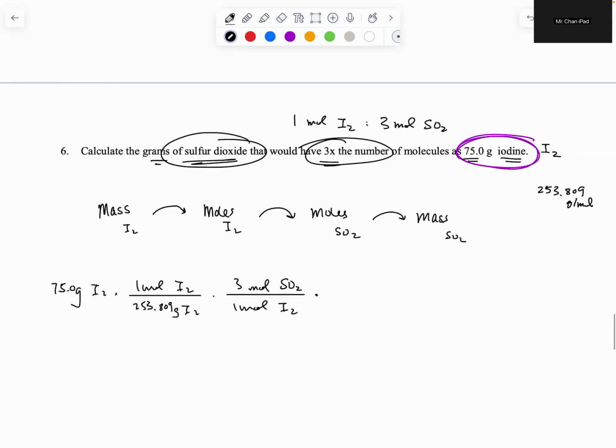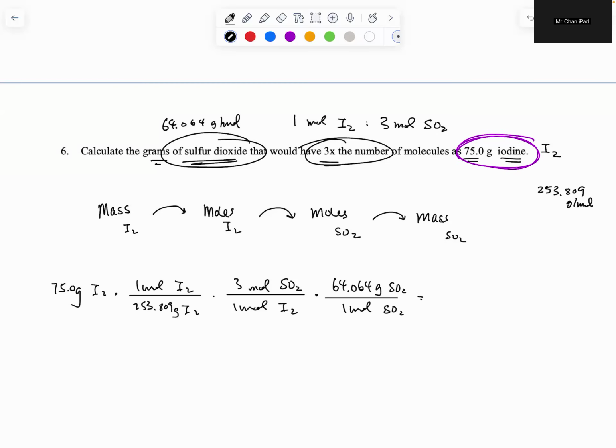It's going to be more, and that's why we multiply, not divide by 3. And then if you know the moles of SO2, then you should know the mass of SO2, because from the periodic table the molar mass of SO2 is 64.064 grams per mole. So 64.064 grams of SO2 per 1 mole of SO2.